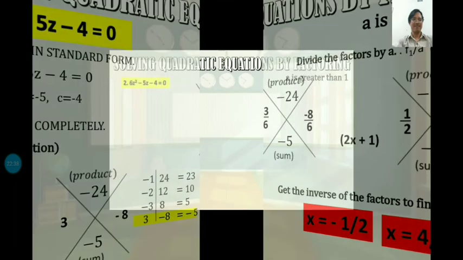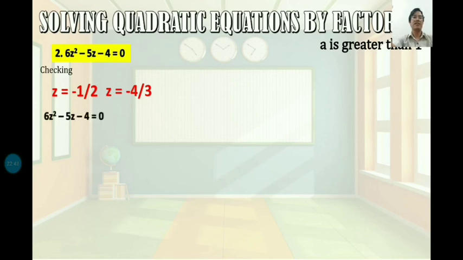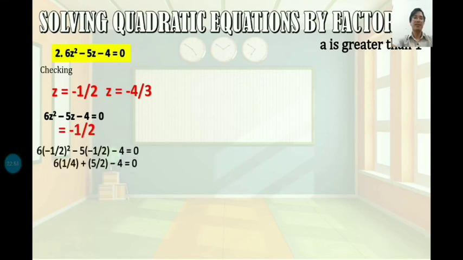Now let us check. Let us apply. So checking if x is negative 1 half. Let us apply. So this is now the equation. The square of negative 1 half is positive 1/4. So therefore, 6 times 1/4, that is 6 over 4, plus 5 over 2 minus 4, is that equal to 0? Let's check.